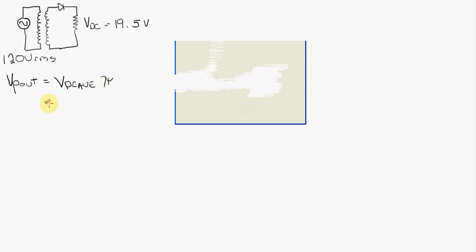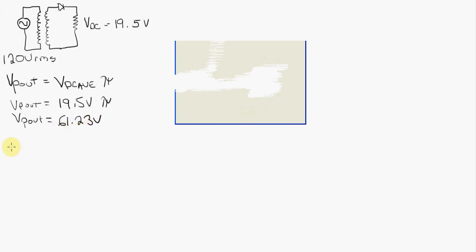That should tell us what the peak voltage is, and that's 19.5 volts times 3.14, which means our output voltage was 61.23 volts, and that's V peak out, right? So that means this is the peak output voltage of our power supply.